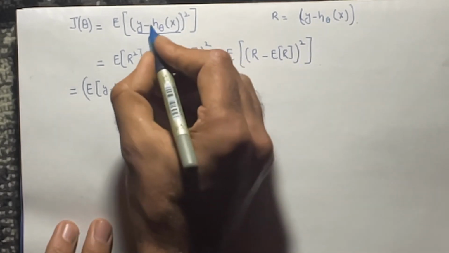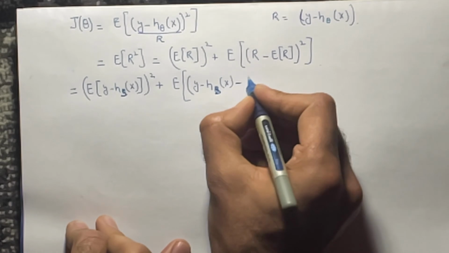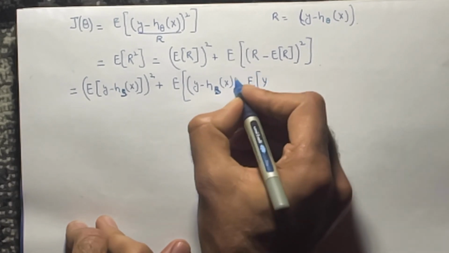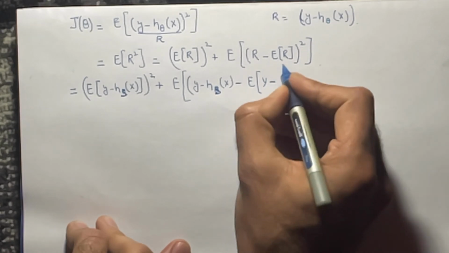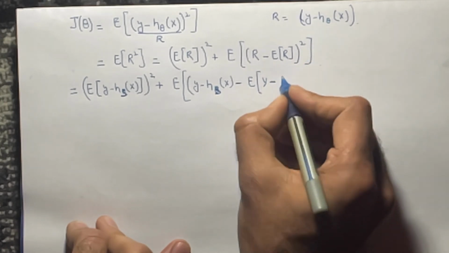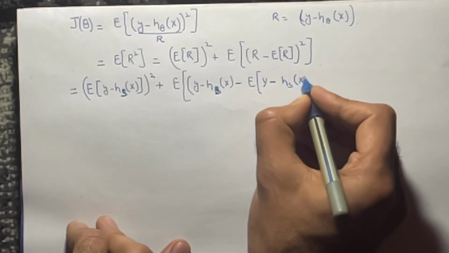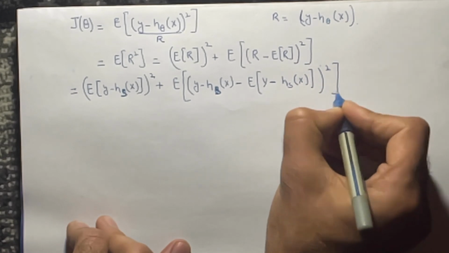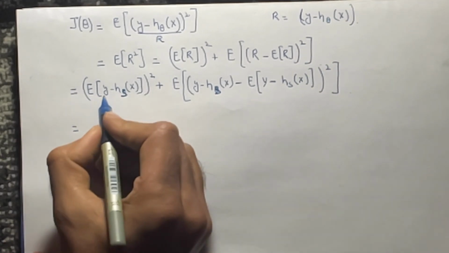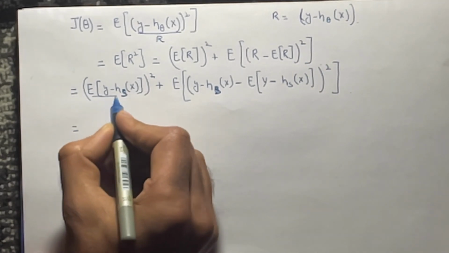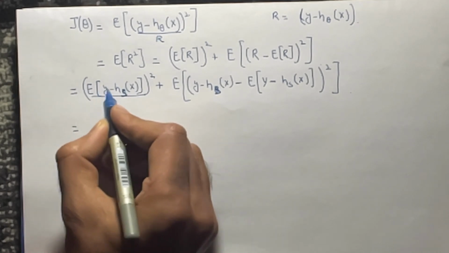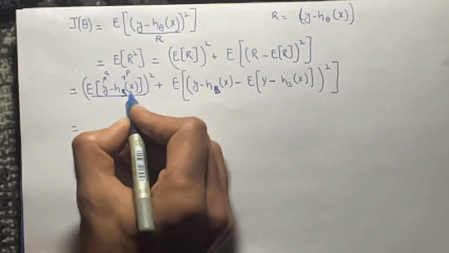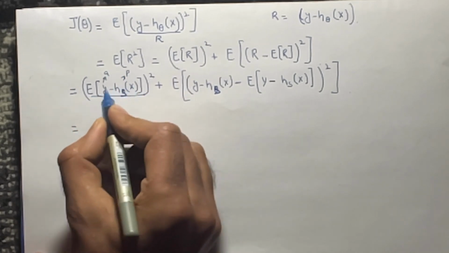So these are all h of s. Okay, minus expectation of r. So what is r? Y minus h of s x and its square. This will be equal to, you can see expectation, or we can say the average of these errors. What are these errors? This is the actual minus predicted. It is also called a bias. So the average of these will be a bias.